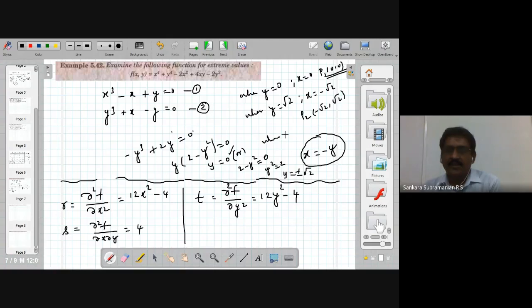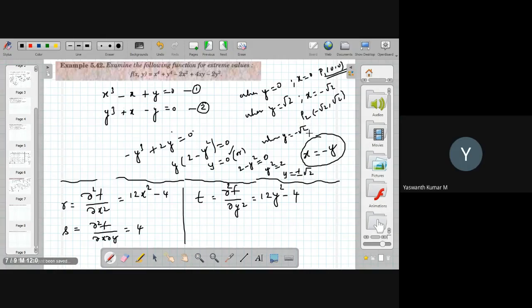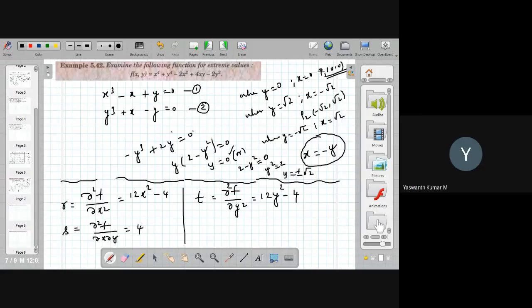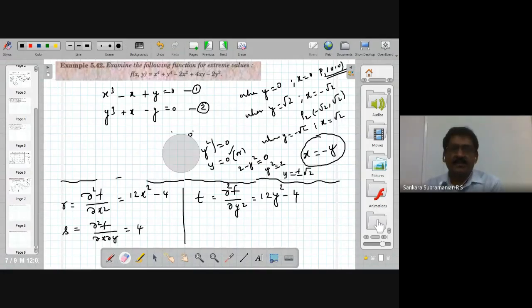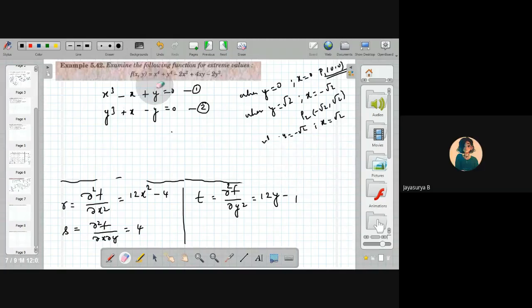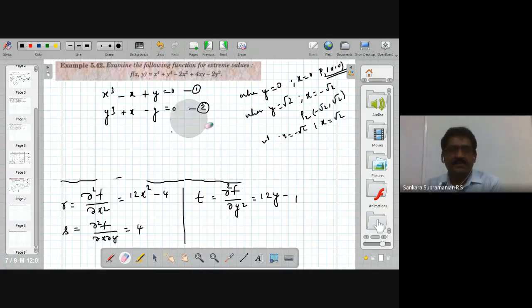Then I find y equal to minus root 2. When y equal to minus root 2, I will be getting x is equal to plus root 2. So what is the third stationary point? Plus root 2, minus root 2. Yes.